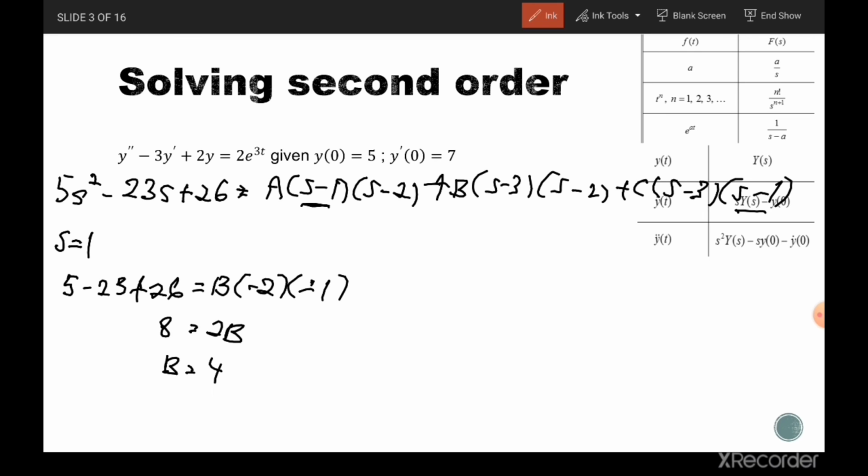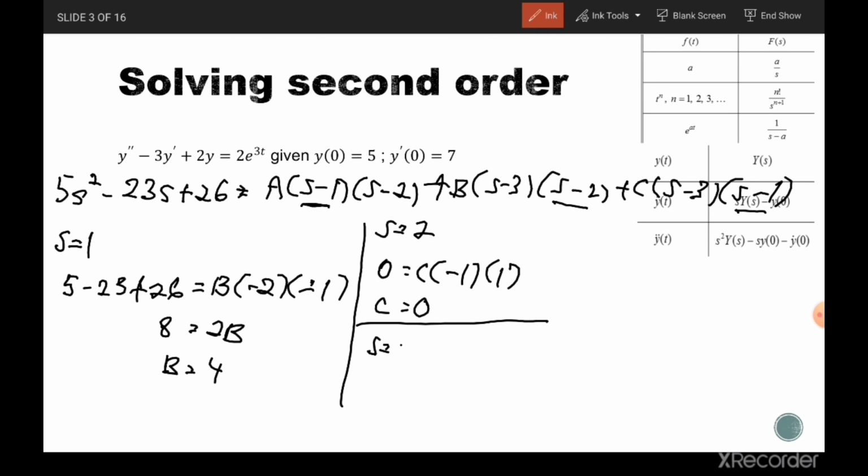So the value for B is equal to 4. Then I repeat again with s equal to 2. So the value for B will be 0, and the value for A also will be 0. Then I can determine the value for C. So C is 0.